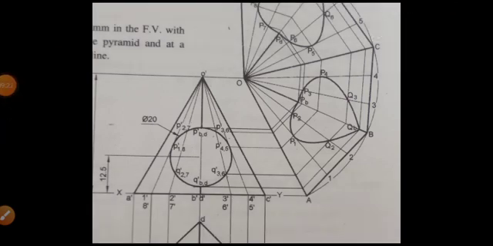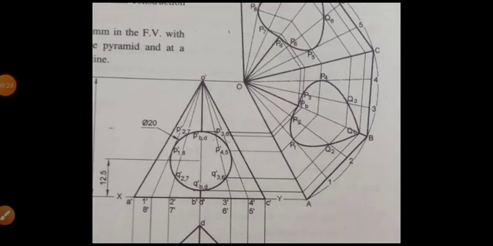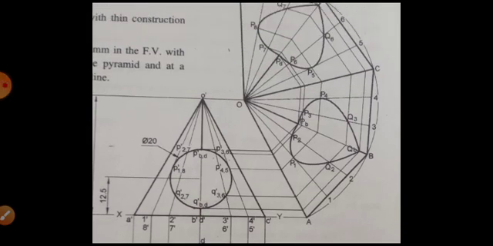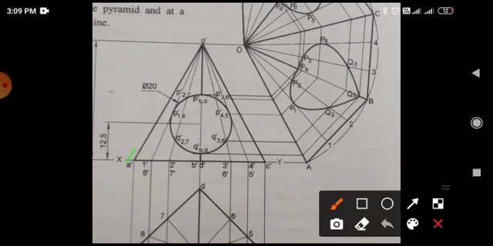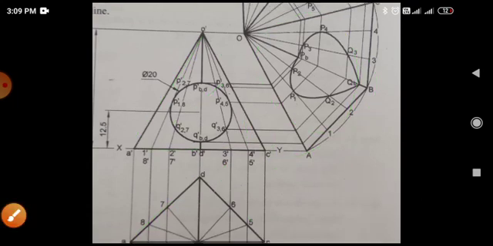So let's see how to develop this pyramid. Again, a few things are common, like drawing the front view, then the top view. You have to draw all these components very carefully, because all this development depends on the side view and top view. Therefore draw it carefully.